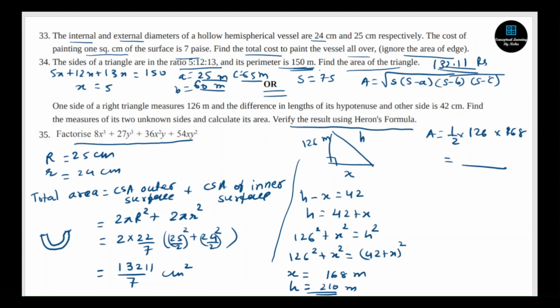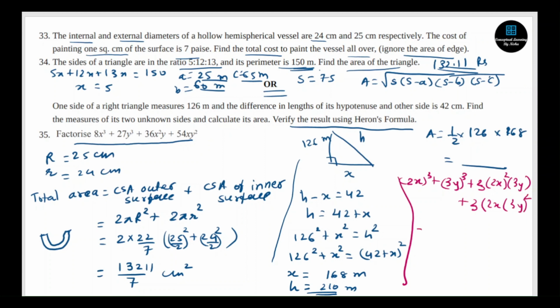We have to factorize this. So this is a very easy question. Okay, let me just simply write it here. So I can write this as 2x whole cube plus 3y whole cube plus 3 times 2x square into 3y plus 3 into 2x into 3y whole square form.